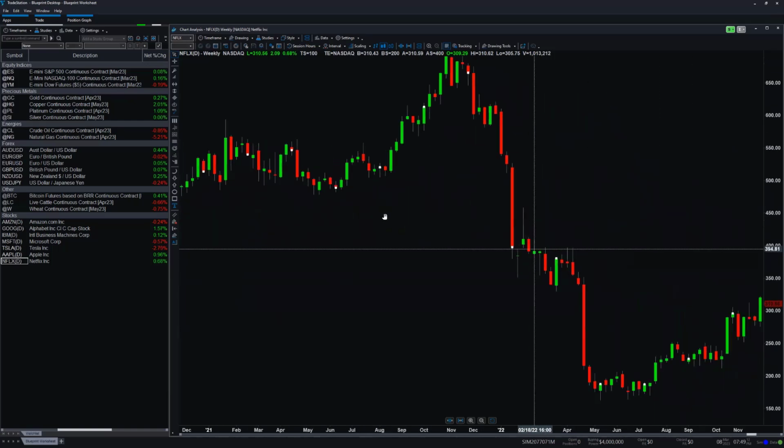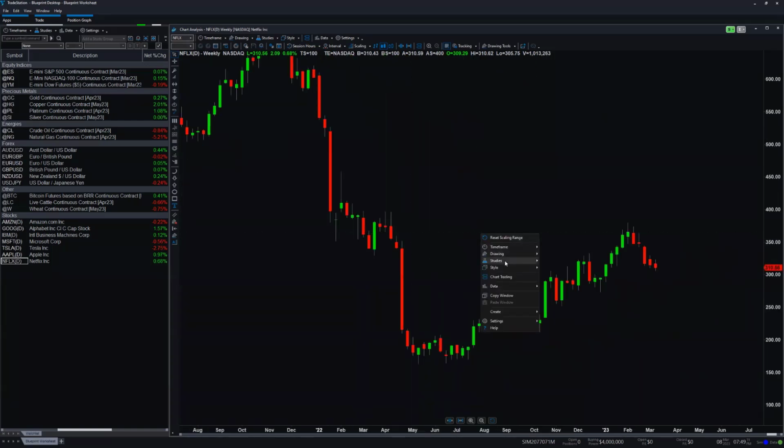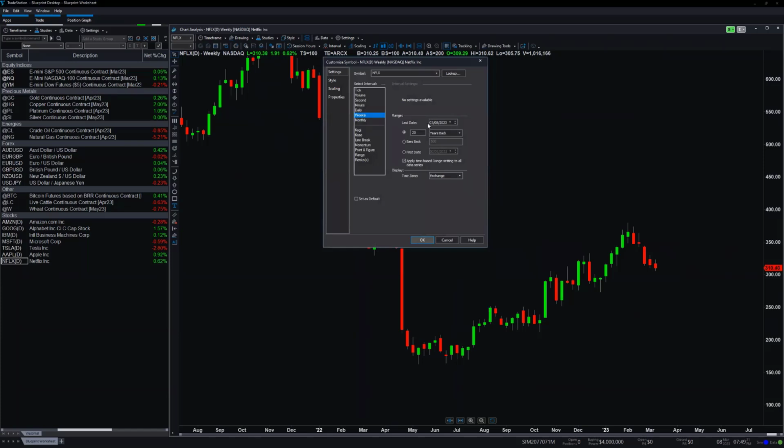So a good idea is always to go to time frame, go to customize, and here you can put in the last date. So for example, let's just assume we were in the beginning of 2023.